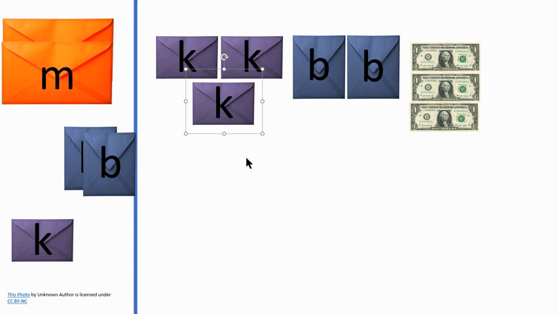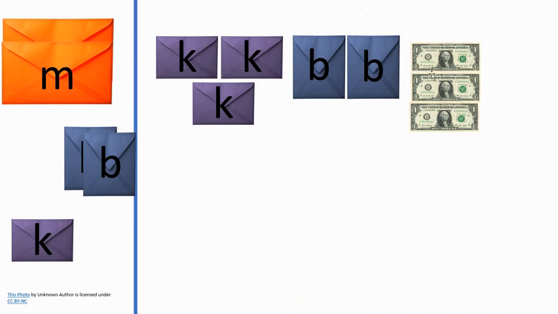Now we're going to think about this in a different way. Let's say that I have 3 envelopes with money, the same amount in each, and that's my k variable. And I have my b variable, which I also don't know how much money is in there, but I know that I have $3.